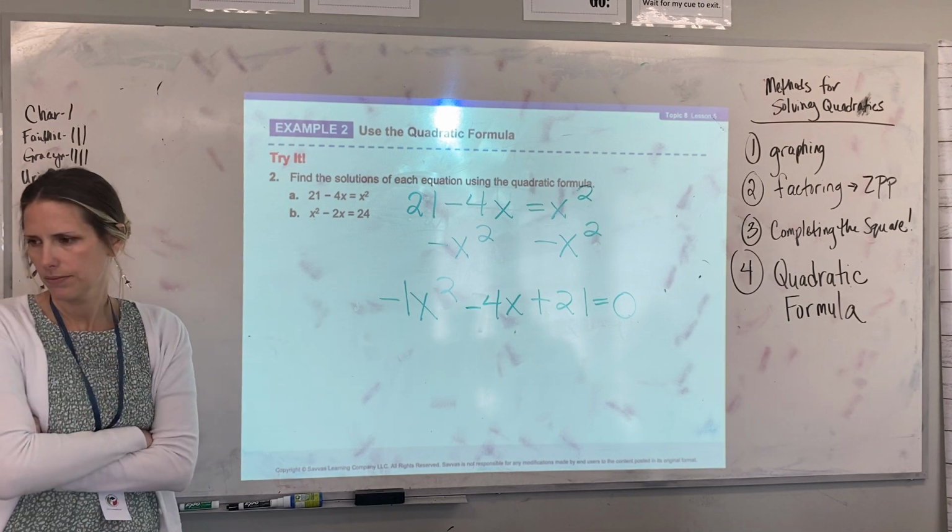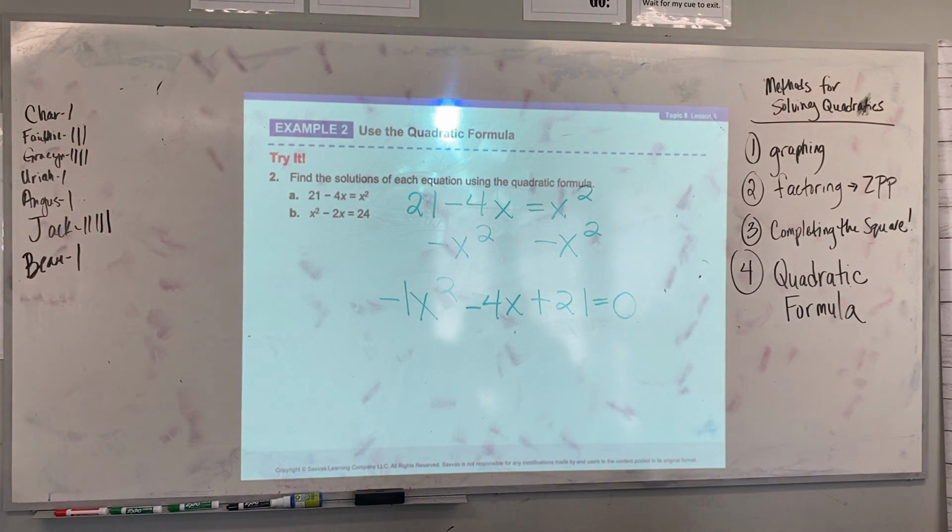Okay. Let's see. C is 21. Isn't it over 2a? You got it?